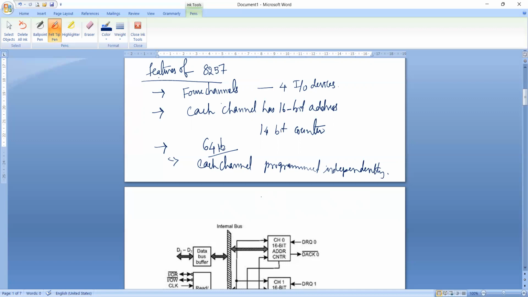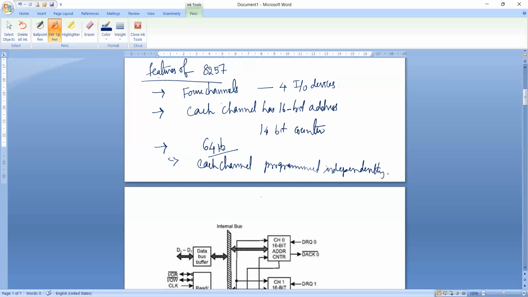Now let's see what master mode and slave mode mean. In slave mode, the DMA controller sends a request signal to the CPU, and until the CPU sends the HLDA signal to the DMA controller, the DMA controller is in slave mode.